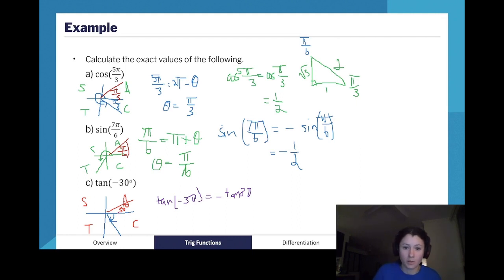So tan of pi on 6. Tan is equal to opposite over adjacent, which gives us negative 1 on root 3, because our opposite is 1 and our adjacent is root 3. Alright, so this is how we found our exact values of angles outside of the first quadrant using our symmetry properties.